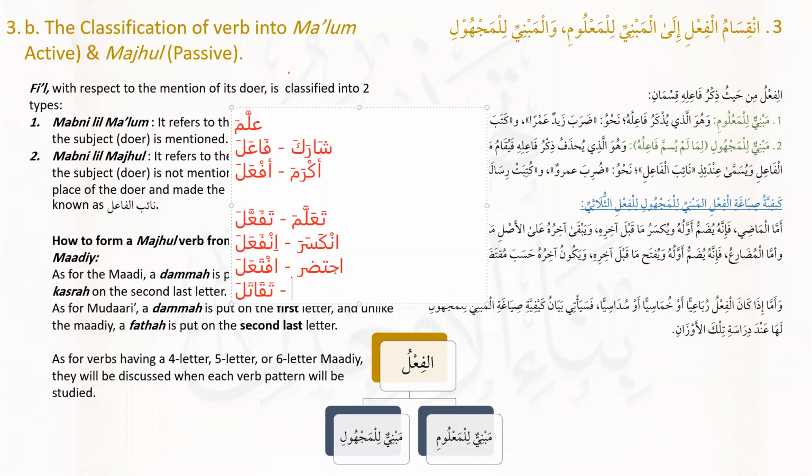And how many letters does it have in its ماضي? 5 letters. What if you put it in the ميزان الصرفي, what will its وزن be? تفاعل. ممتاز جدا. الله يفتح عليكم جميعا.